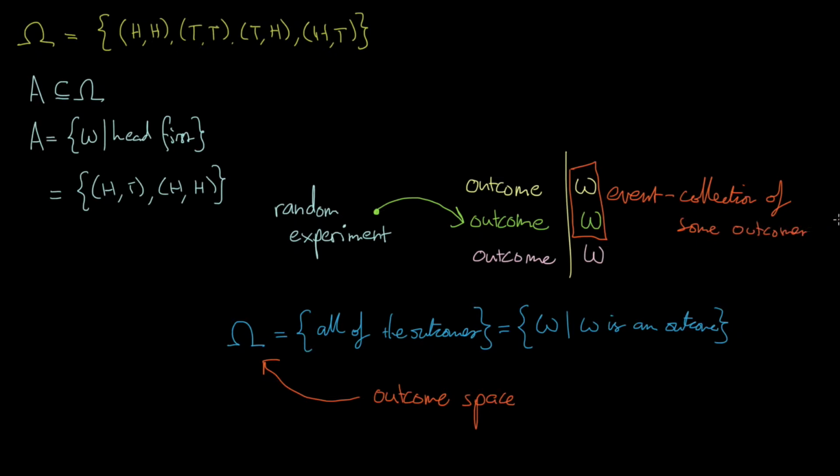Okay. And so we've got this idea of omega being a particular outcome. And when we take all of the omegas together and put them in a set, we get the outcome space. And then when we just take some of the omegas together, that gives us an event. And in particular, an event will be a subset of the outcome space.